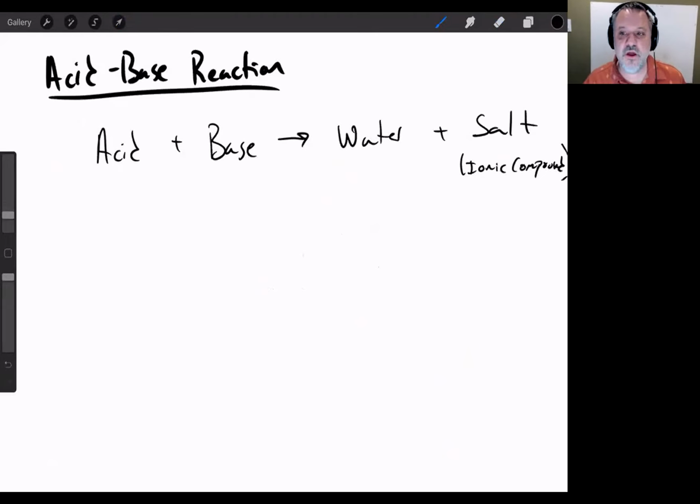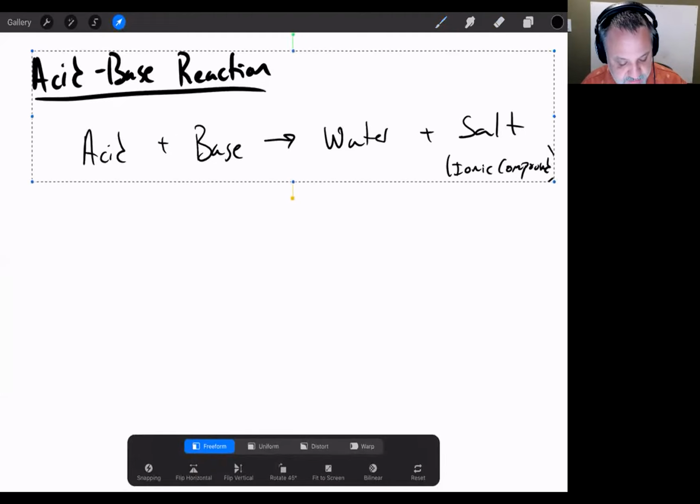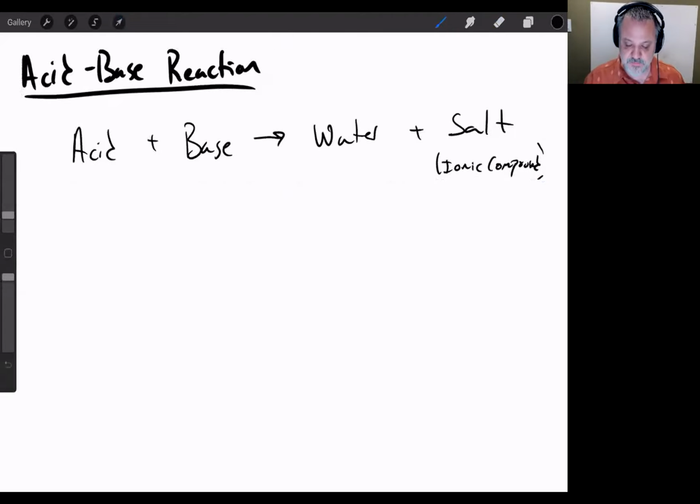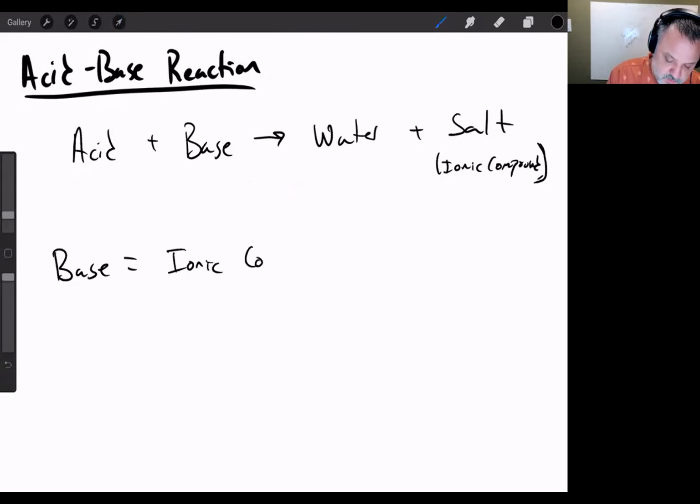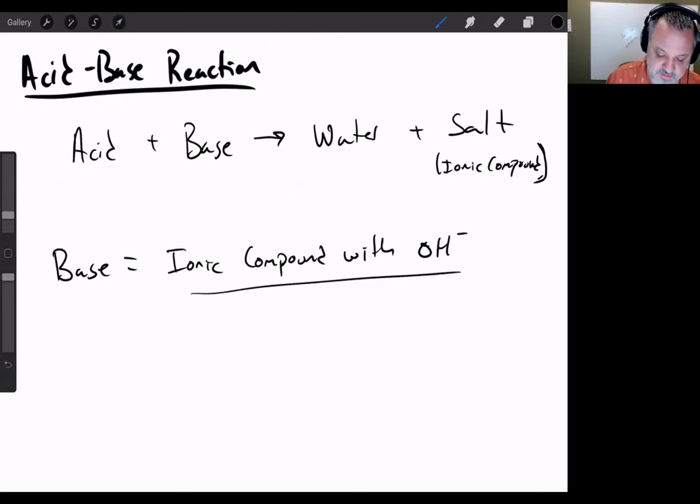Now, you already know how to identify acids. What about bases? In this class, a base is an ionic compound with hydroxide in it. It's that simple. So bases in this class are hydroxides.